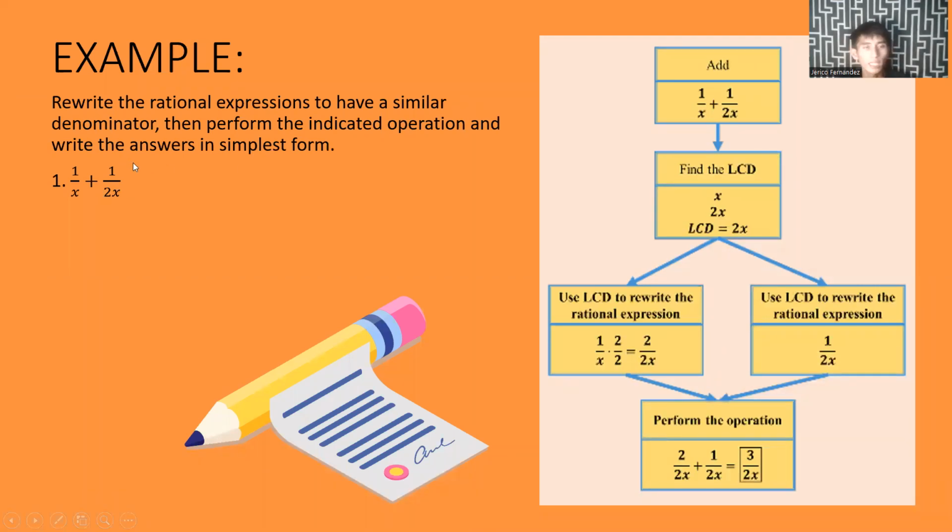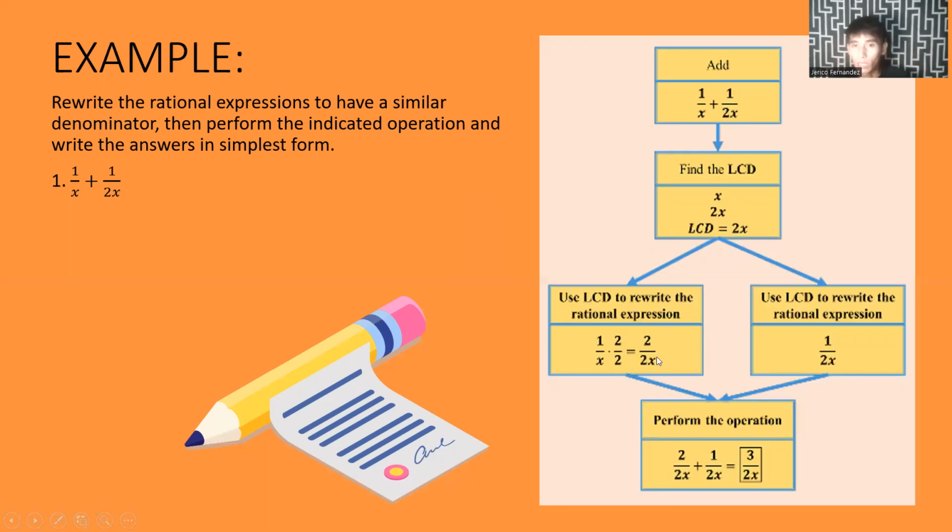Okay, so let's try this. 1 over x plus 1 over 2x. So as you can see, they have dissimilar denominators. So with this, we will first get the LCD. Getting the LCD, we have 2x. So 2x can be divided by x, and 2x can be divided by 2x.